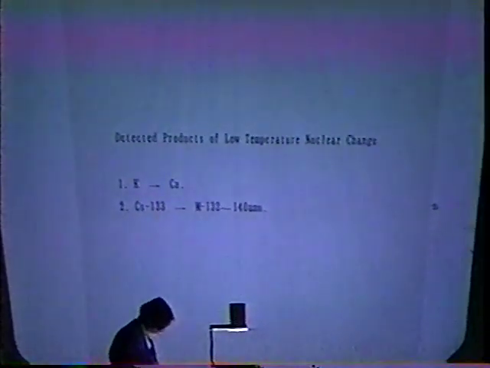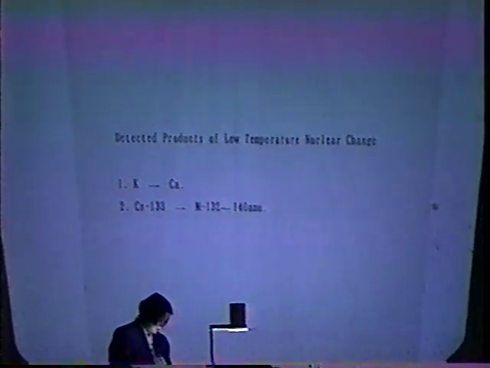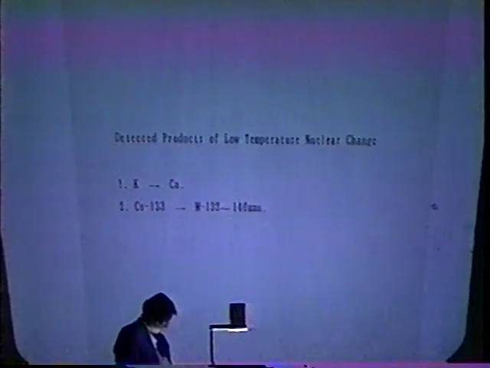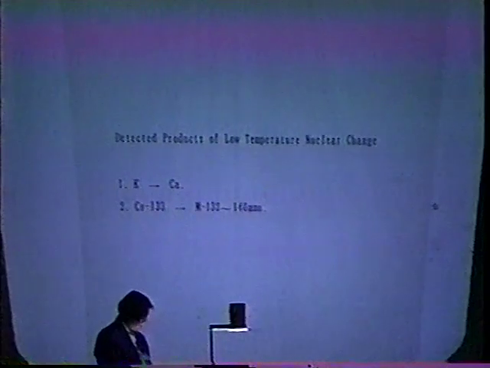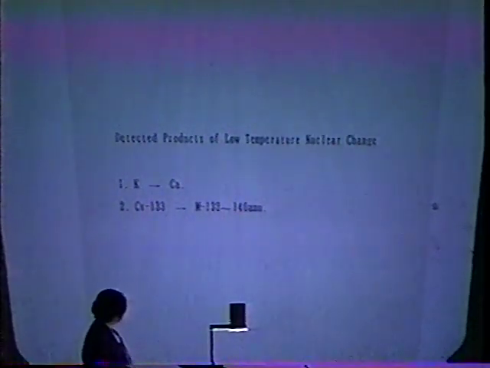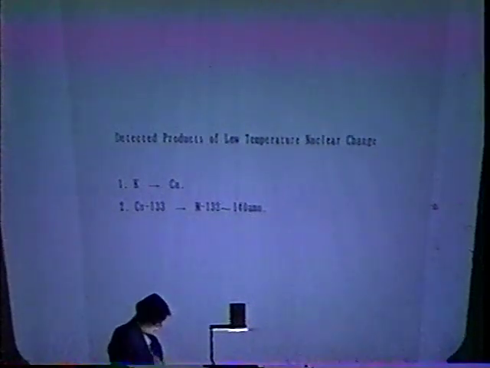We found by non-radioactive analysis calcium in potassium solution and species of mass number from 132 to 140 in cesium solution.